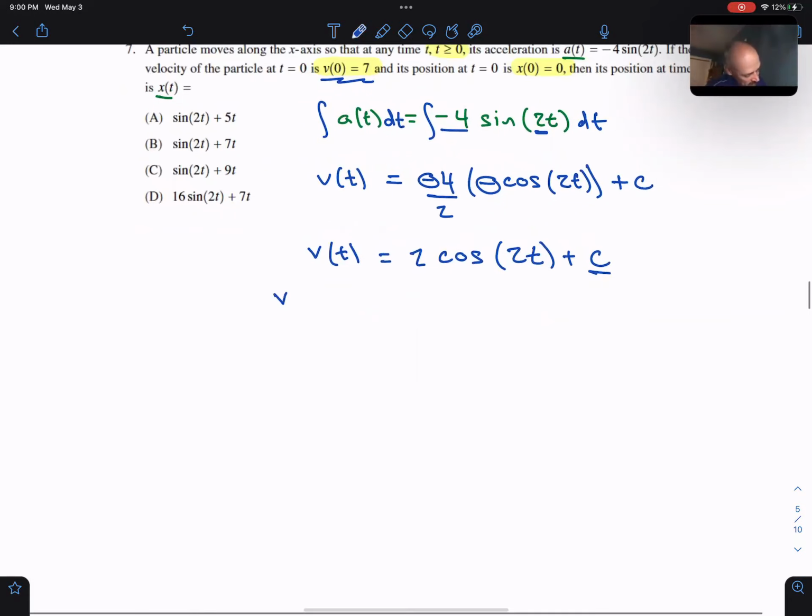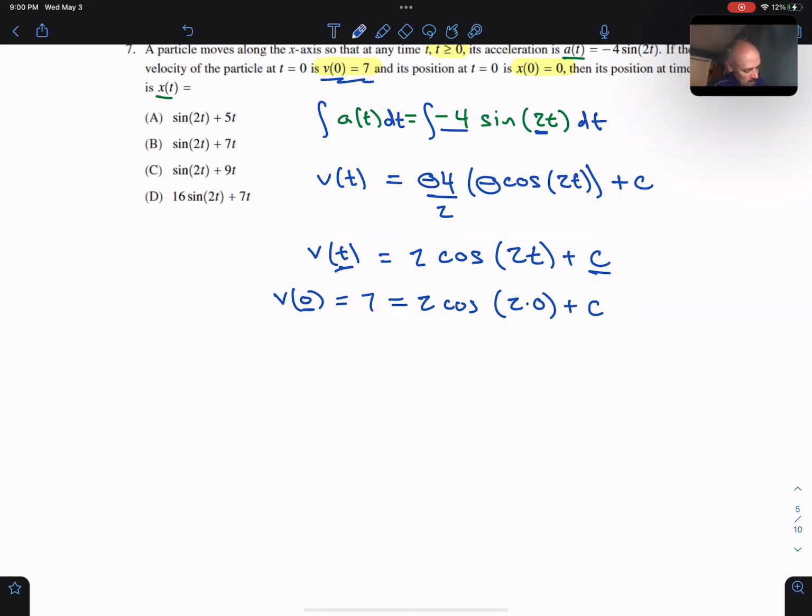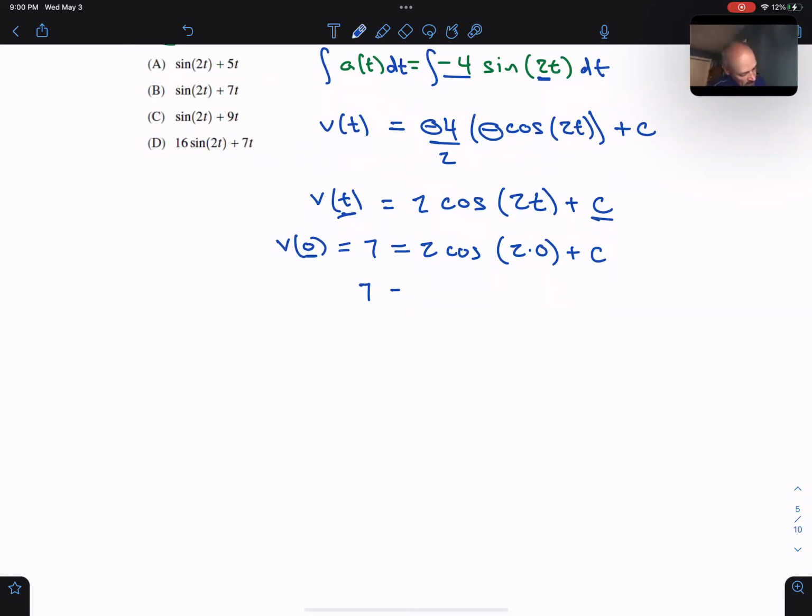So I'm just going to take that and say, v at 0. Okay, so I'm going to replace all my t's with zeros. So v at 0 equals 7 is equal to 2 cosine of 2 times 0 plus C. So 7, okay, 2 times 0 is 0. Cosine of 0 is 1. So this is 2 times 1 is 2 plus C. Then I'm going to subtract 2.